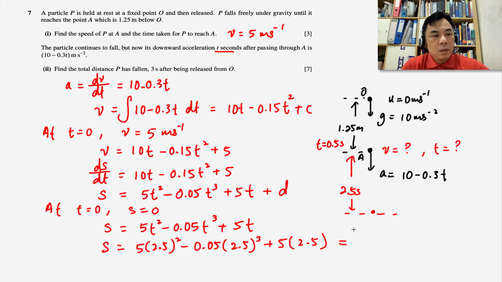That is 6.25 by 5, and then after that we need to subtract off this 2.5 cubed by 0.05. Finally we need to add up 5 by 2.5. That will give us 42.97 meters.